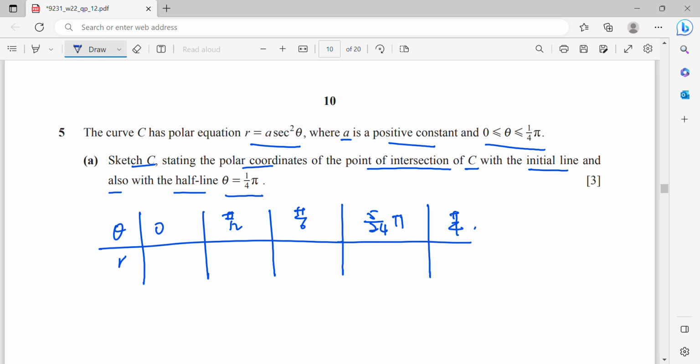Right? So now when you calculate, all will be in terms of a. So here, a, 1.07a, and then 4 over 3 a, 1.59a, and 2a.